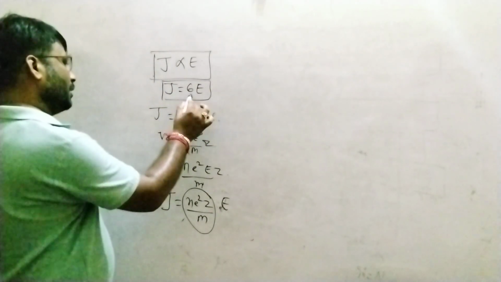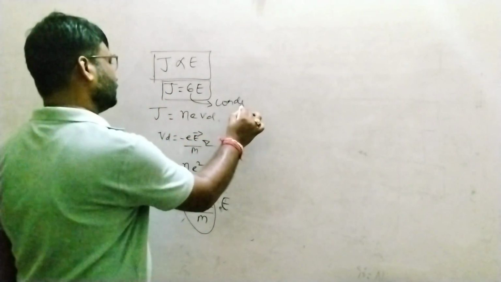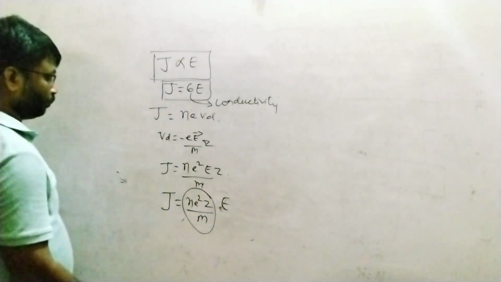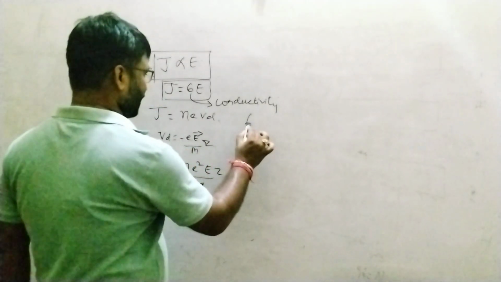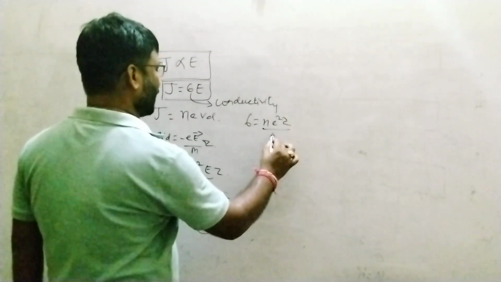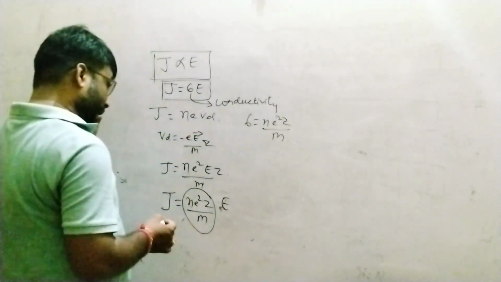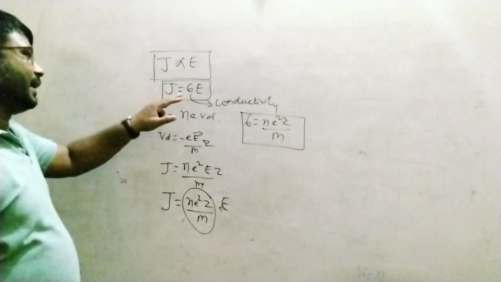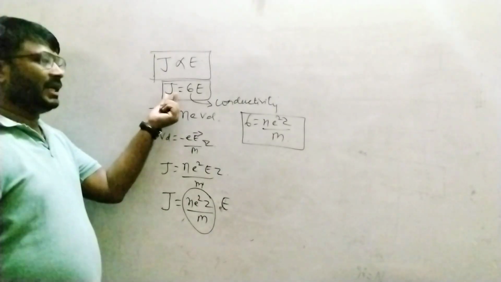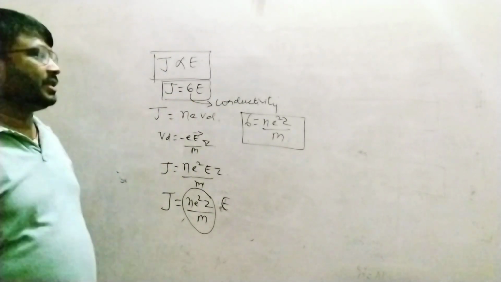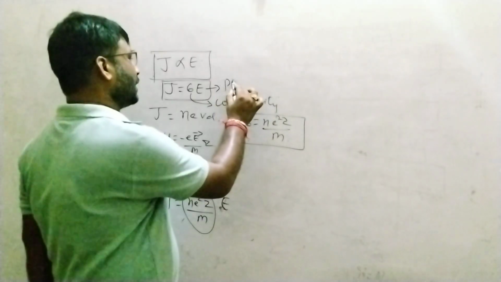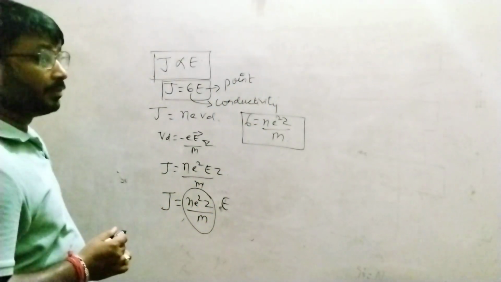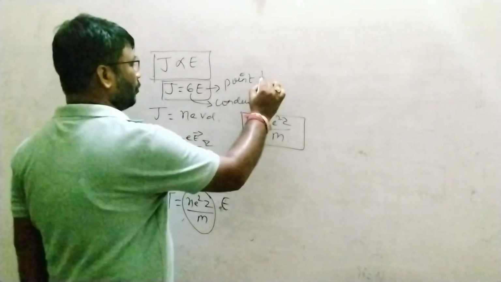That sigma is called the conductivity of conductors, where the value of conductivity is σ = n e² τ / m. This relationship between current density, sigma and E is called the point form of Ohm's law. Ohm's law, that is V = IR, is derived from this point form of Ohm's law.